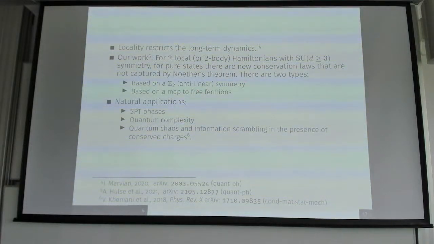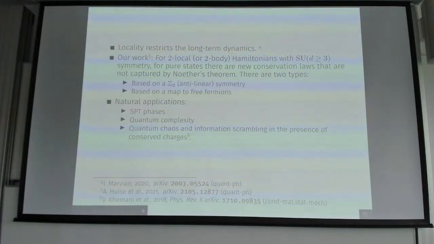There are two types of conservation laws. One is based on a Z2 antilinear symmetry. The other is based on Majorana free fermions, and this is what I will explain later. And there are many possible applications.